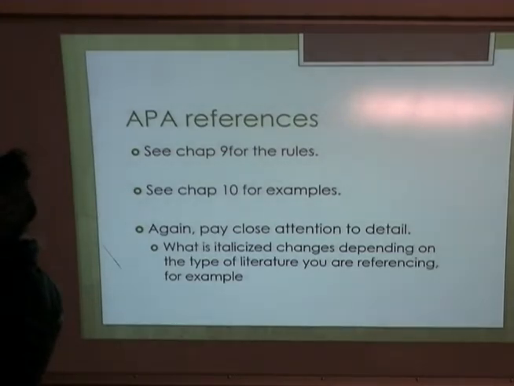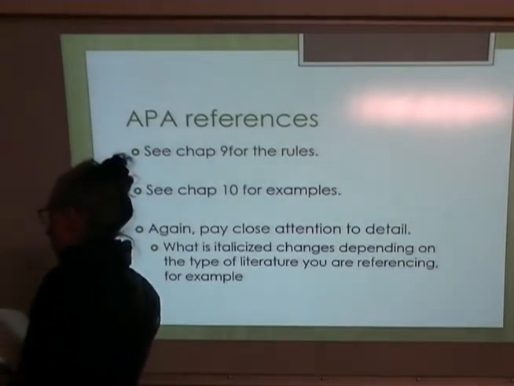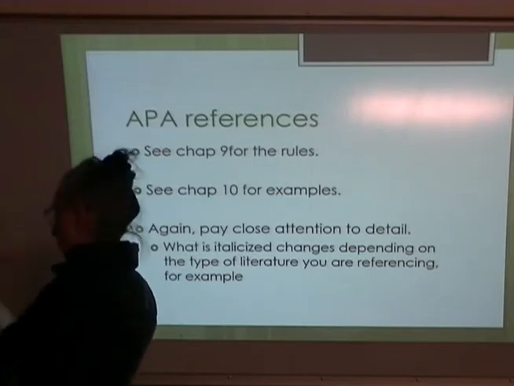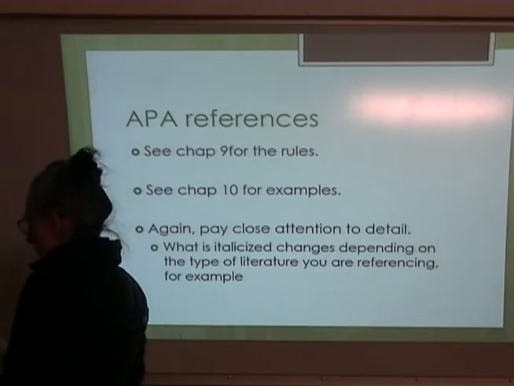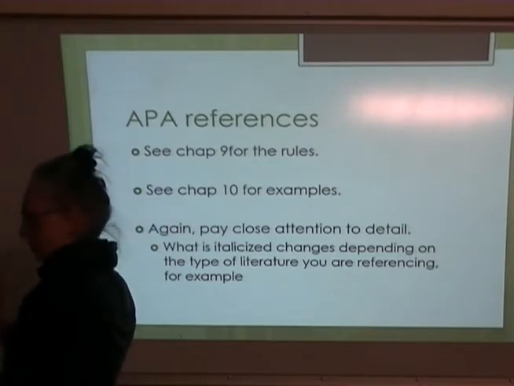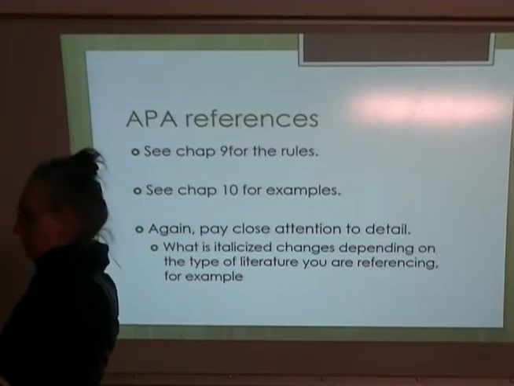When you go to chapter 9, you will see that they start by getting you to decide what category your resource is. All right? And then they tell you about the different elements. So we have typically 4 elements to start off with.